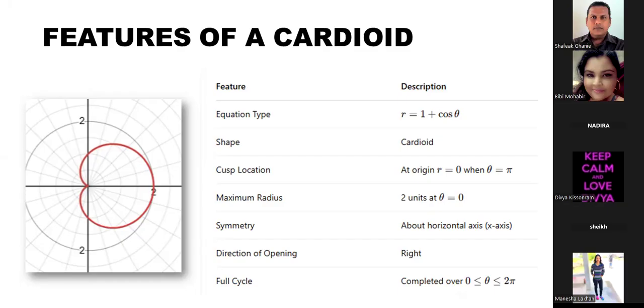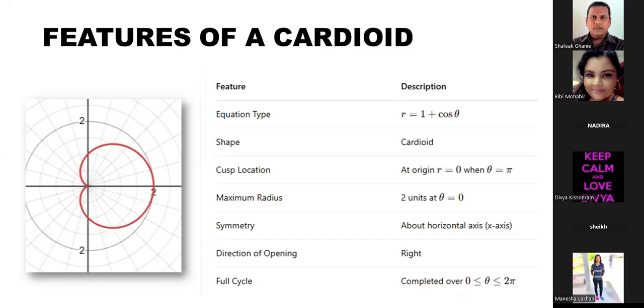From the equation, we could see that a is 1, and b, we cannot see that it's 1, but it's understood that 1 is there. Because a is equal to b, we know that the shape formed would be a cardioid, as you can see here on the diagram.